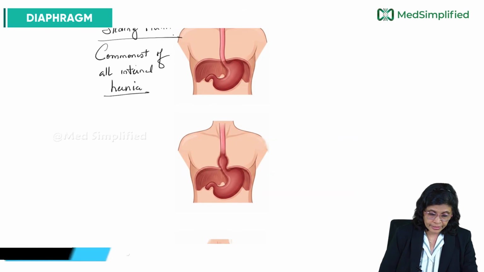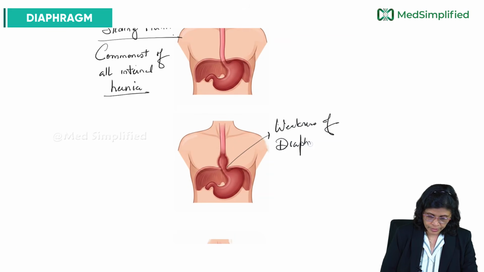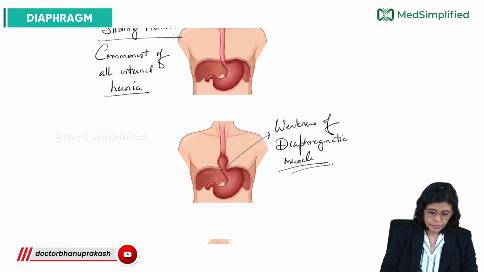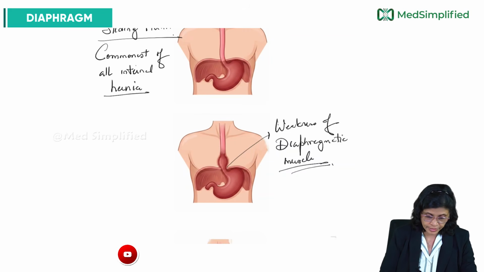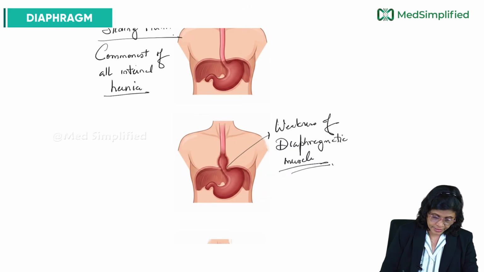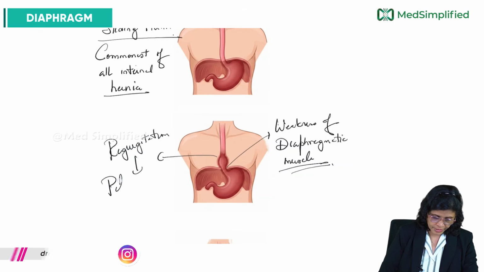This hiatal hernia is basically because of the weakness of the diaphragmatic muscle which surrounds the esophageal opening. This will cause regurgitation of the acid contents of the stomach into the esophagus, and that leads to peptic esophagitis.